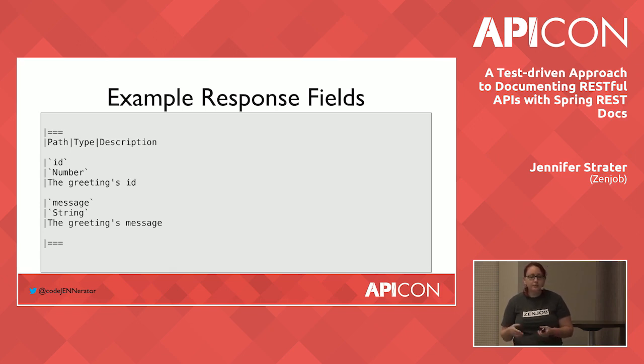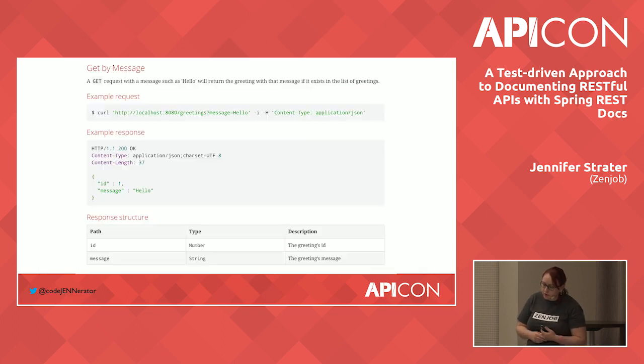So response fields are just a table, and this is, of course, the structure for a table that you get: the path, type, and description. So these two code snippets, when we run them through our AsciiDoctor processor, you get, in this case, a curl statement with all of the text highlighting and everything, your example response, which was the one that I showed, and then that table gets converted.